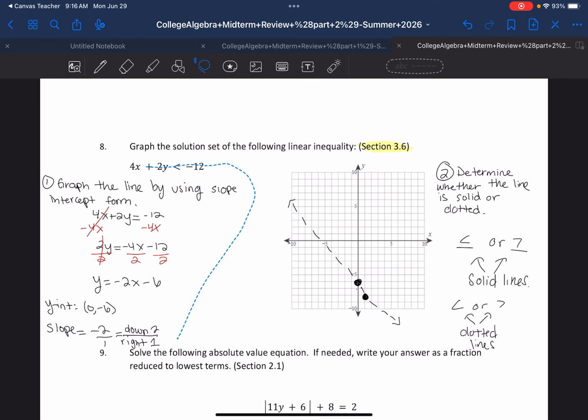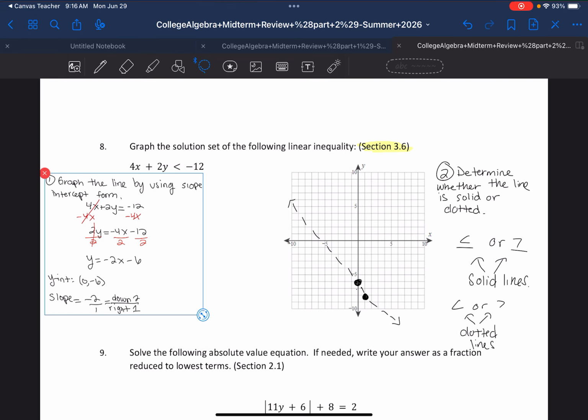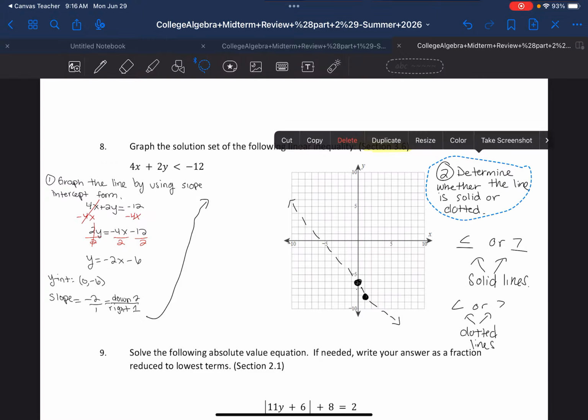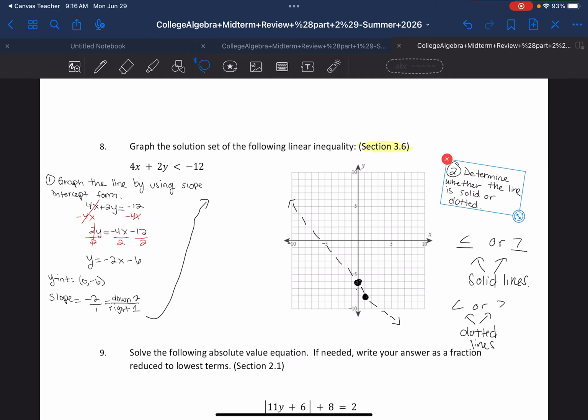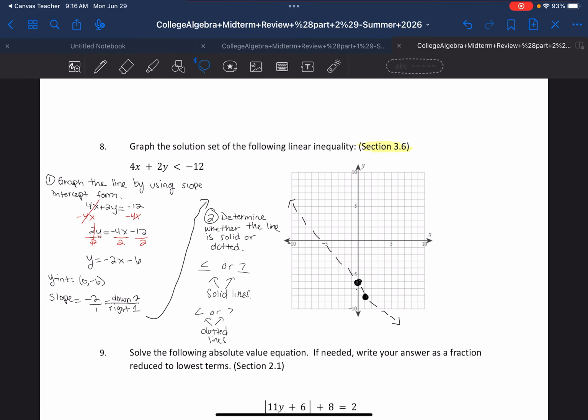And I'd like to make this smaller so I have a little bit more room. Okay, and then the third thing we need to do is determine where we're going to shade.